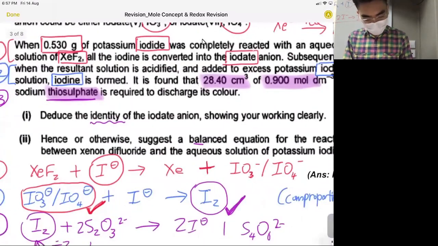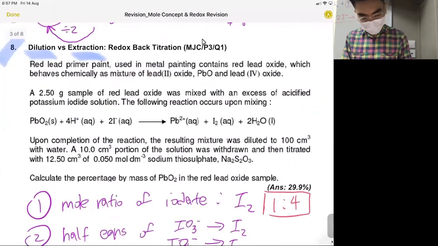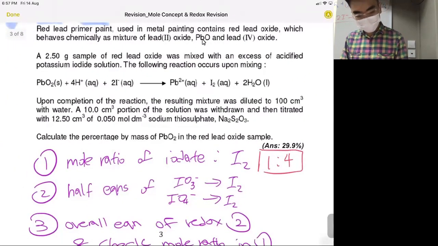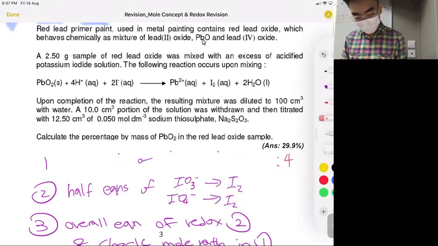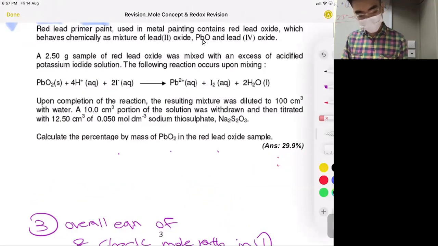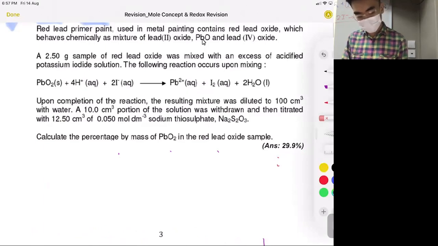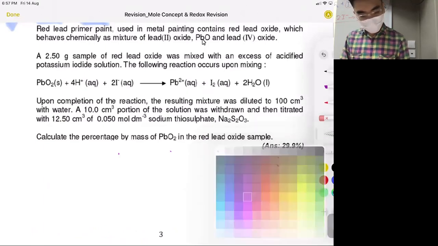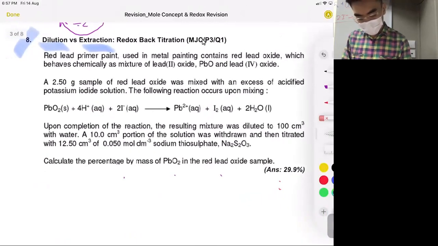For question 8, I just want to give a gentle reminder about the context of dilution and extraction. Most of you would know this by now, but always look out for the context, because if you are doing practical or titration, we will definitely like to test your calculations on this. So in this case here, you have dilution. This is diluted to 100 cm cube, and you only extract a 10 cm cube.